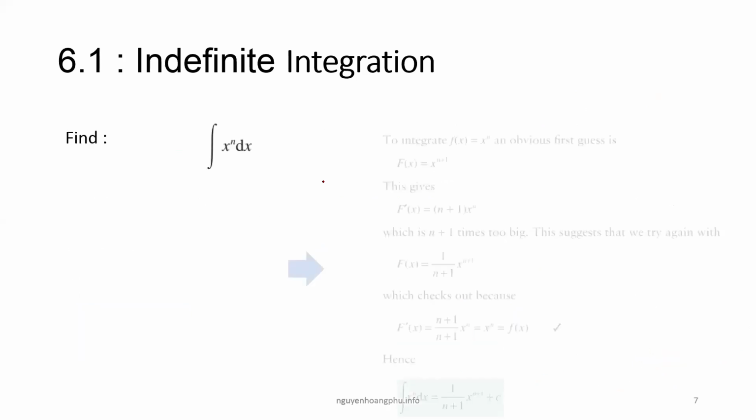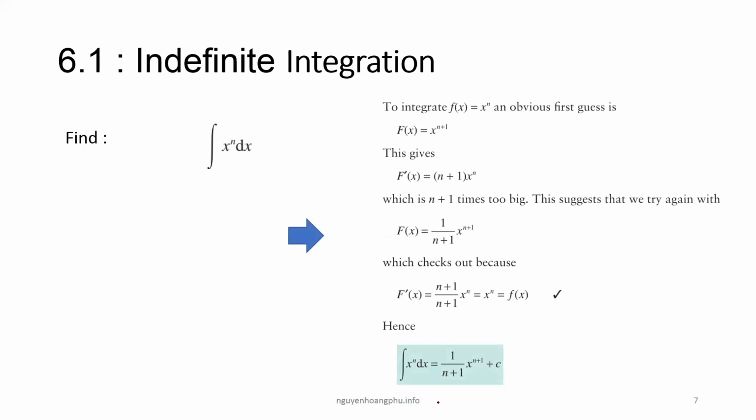So here we have these ones I already gave you, right? The integral of x^n dx is equal to x^(n+1) divided by n+1 plus c, where c is a constant.